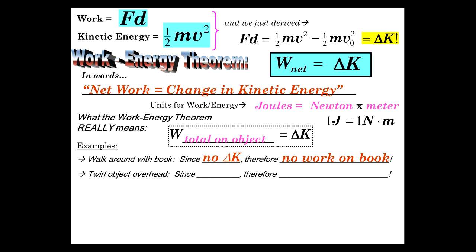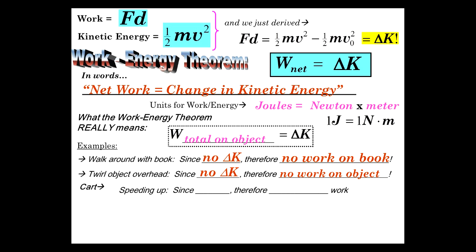If I take that book and twirl it over my head, or grab something else and spin it around in a circle, is there any work done on that object? Well, for the same reason, there's no delta K. Yes, the direction changes, but the speed doesn't. So no work is done on the object if I spin it overhead. Even though it's accelerating and there are forces, there is no work being done.